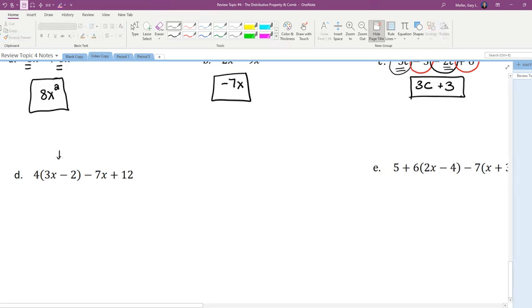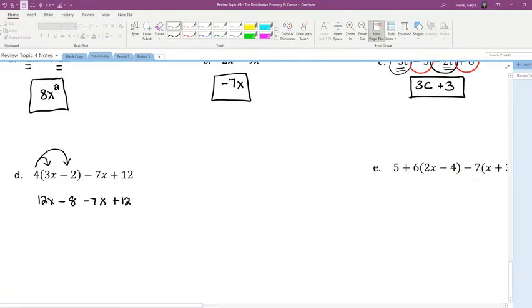So then the next piece of order of operations would be I have to multiply before I worry about subtraction and addition, right? So the multiply comes first. And in order to multiply, I have to distribute. So I get 12x minus 8. And then I write the rest of it down.